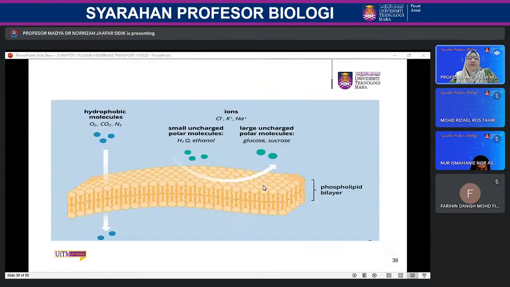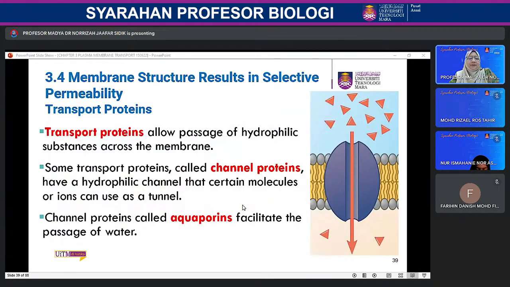So how can all these ions and small and large molecules cross the phospholipid bilayer? So we'll see the transport, where this membrane structure results in selective permeability.